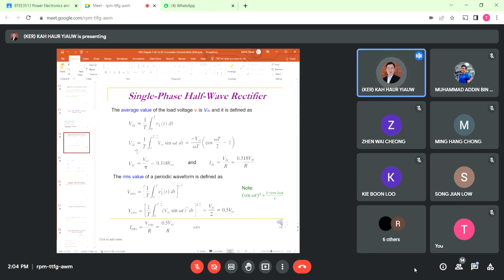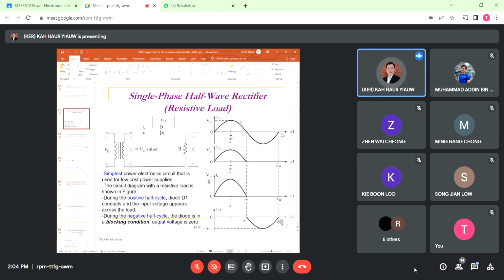Now, sometimes doing the integration based on dt here is not that convenient. Because normally for our waveform, we refer to our time as omega t, and we are using radians for a given period. One cycle is equal to 2 pi, half cycle is pi, quarter cycle is pi over 2.